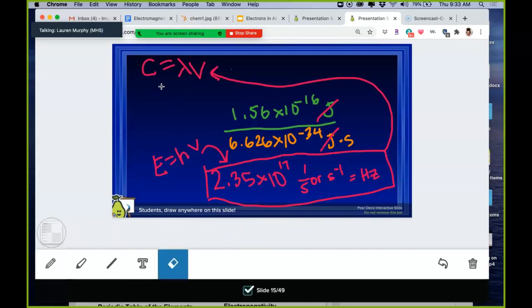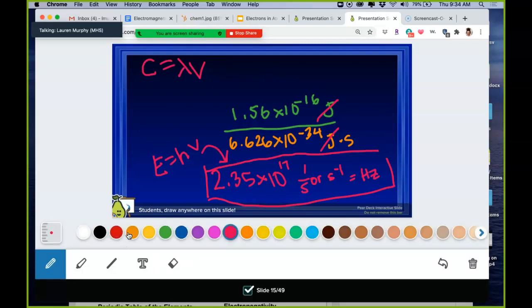So I'm going to erase this. I'm going to rearrange to solve for wavelength. So c over v is wavelength. I'll do it up here. So c is the speed of light. It's a number. You have it written down.